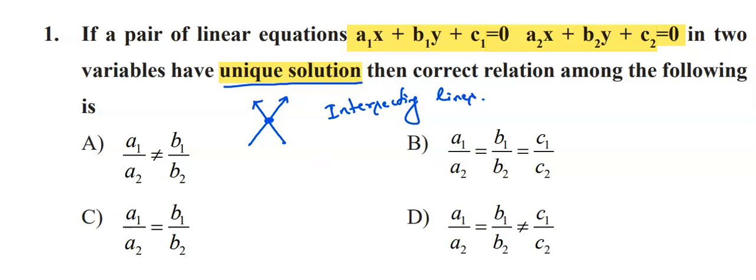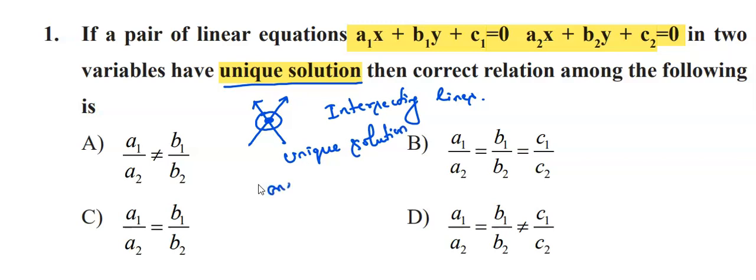Is this clear? Concepts are clear? When two lines cross with each other, such type of lines we call intersecting lines. Now as you can see, as these two lines are intersecting at a point, they form a unique solution.